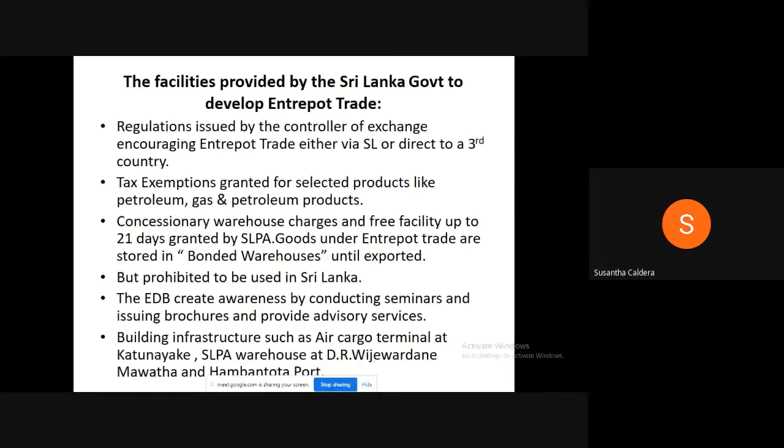Okay. The facilities provided by the Sri Lankan government to develop the entrepot trade. There are regulations issued by the Control of Exchange encouraging entrepot trade via Sri Lanka or direct to the third country. Even we can send the goods direct to the third country without coming to Sri Lanka.